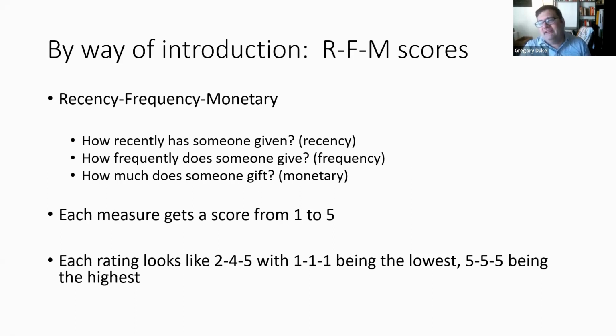So in Excel, when we want to score these, the first thing we have to do is say, okay, how are we going to identify which bucket someone is in from a recency standpoint, if they're in the lowest 20%, the next 20%, and so on, so we can give them that 1 to 5 score?